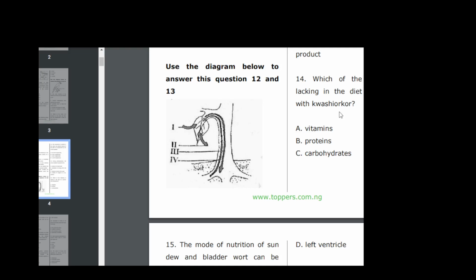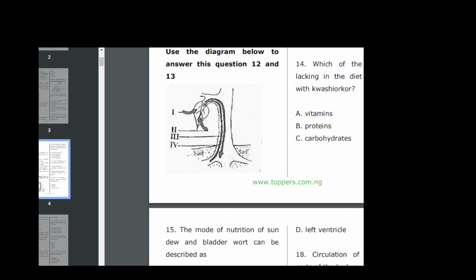Are we together? So what happens is the person is not supplementing the food with enough protein. So which of the following is lacking in the diet of a person with kwashiorkor? It is protein. Somebody who is deficient in protein will show symptoms of kwashiorkor.